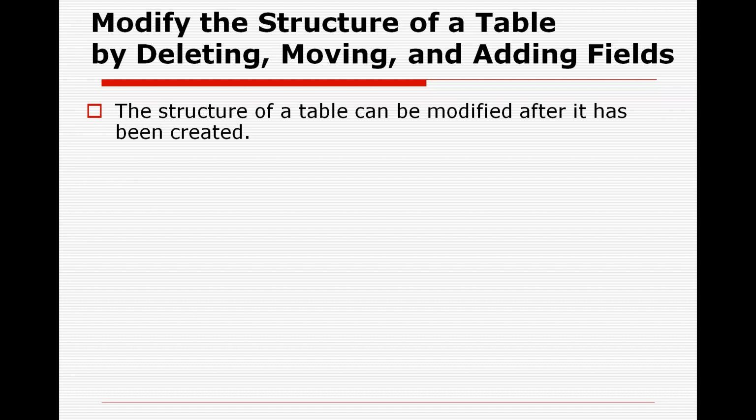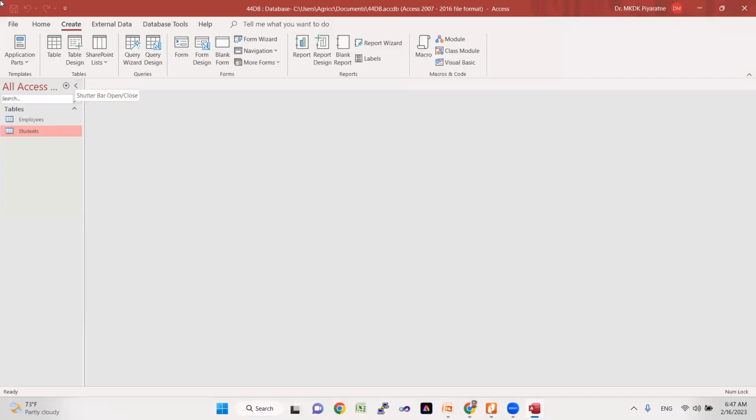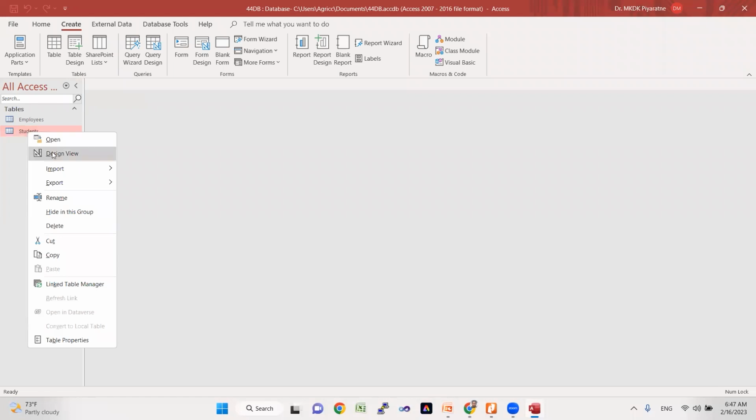Structure means definitely you have to go to Design View, right? To modify your structure. To delete a field, enter Design View, right? Right click on the field and then click delete rows on the drop down menu. That is what I explained previously, right? Simply go there, select one table, right click, then you can go to Design View, right?